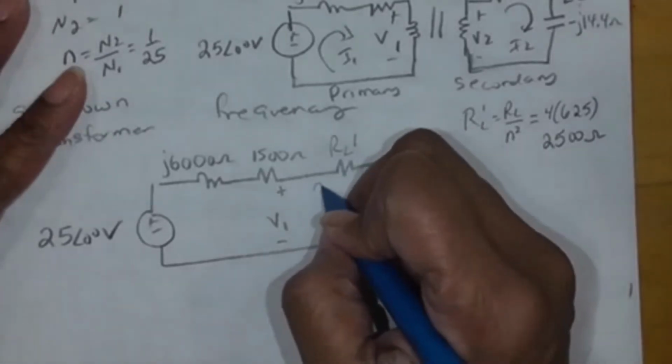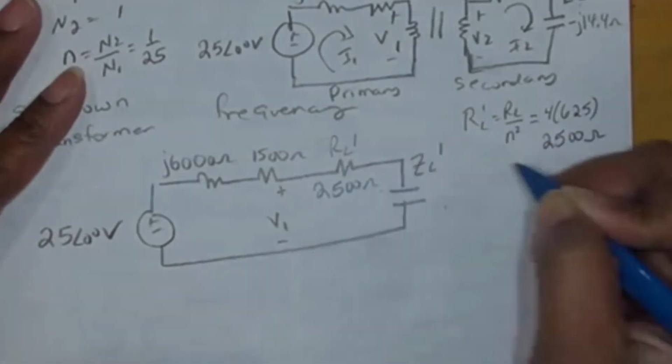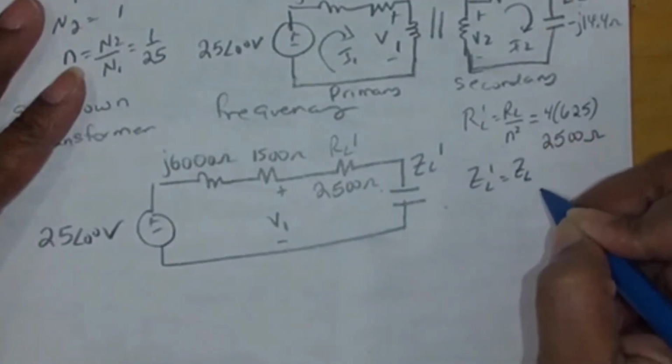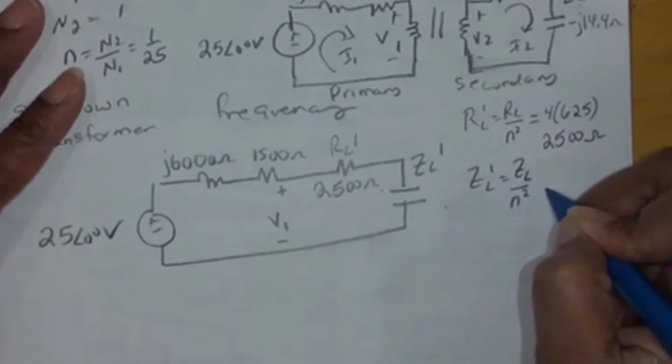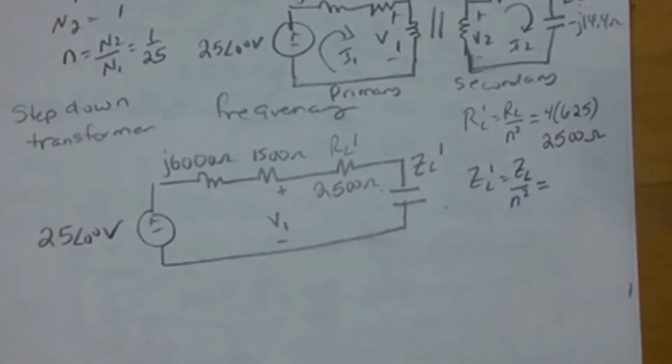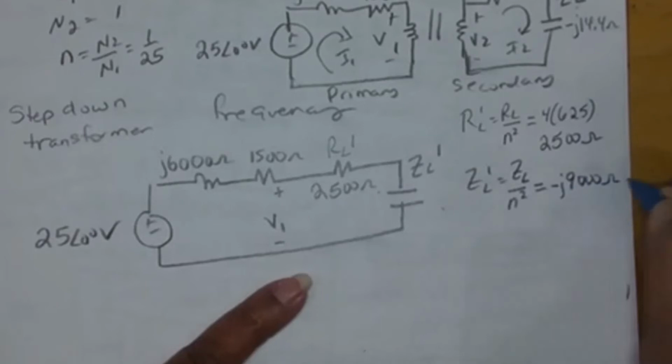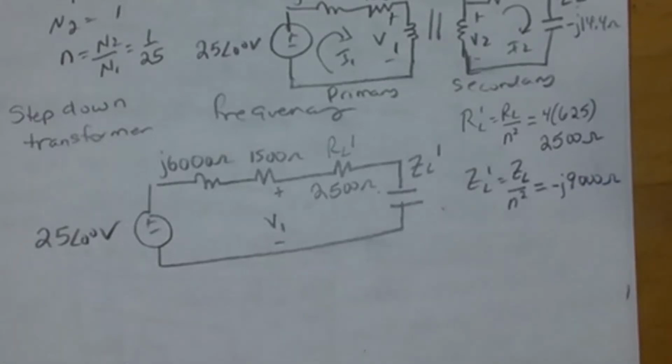Okay. Then ZL prime is ZL over N squared, and that's negative J 9,000 ohms.